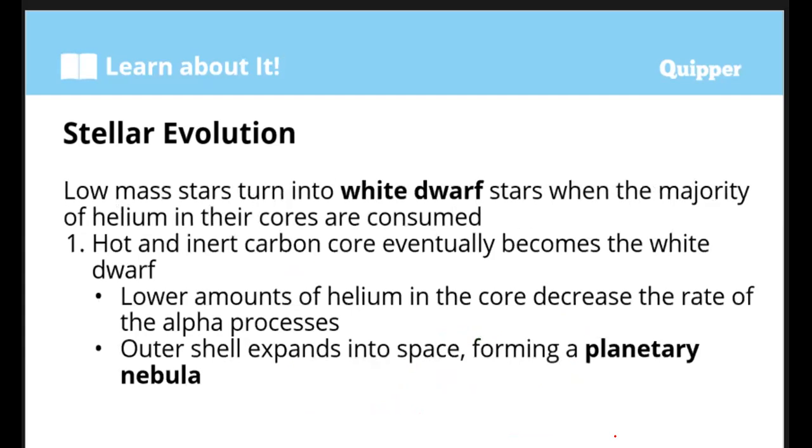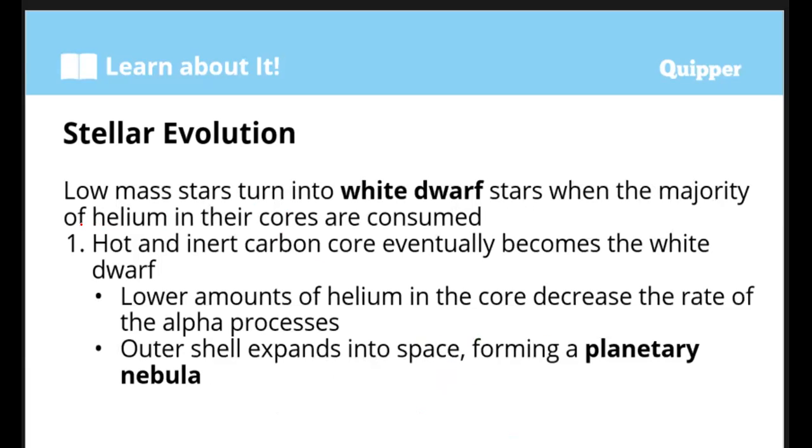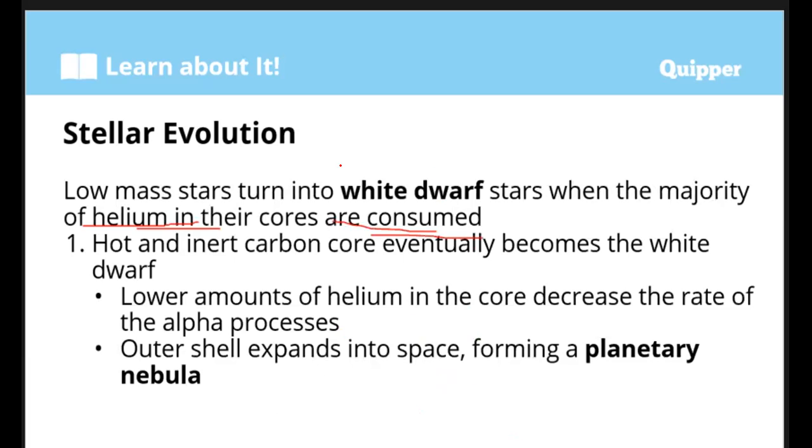So the low mass stars turn into white dwarf stars when the majority of helium in the cores is consumed. Take note, from the red dwarf star to red giant star, when the helium in the cores is consumed, in this particular illustration when the green one is being consumed already into inert carbon, a white dwarf star is formed.